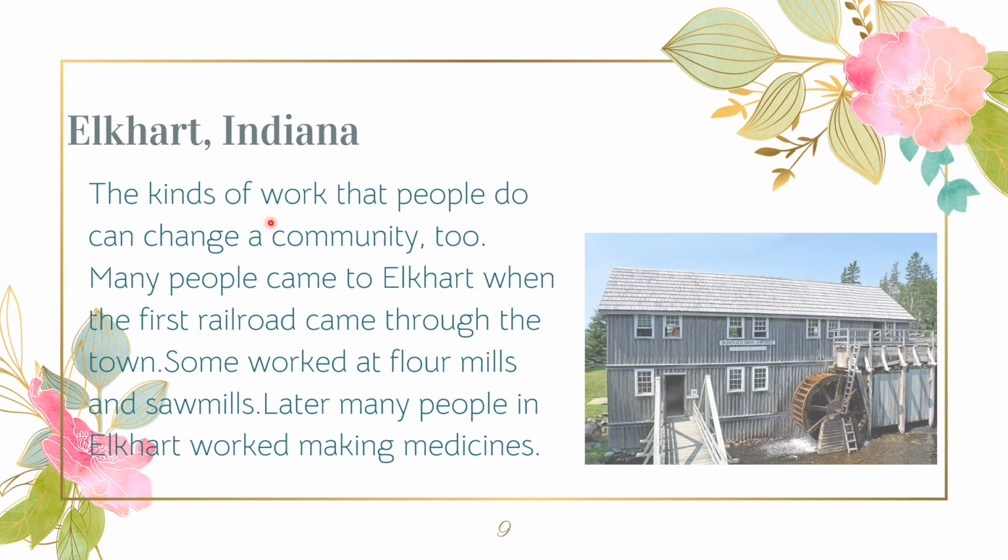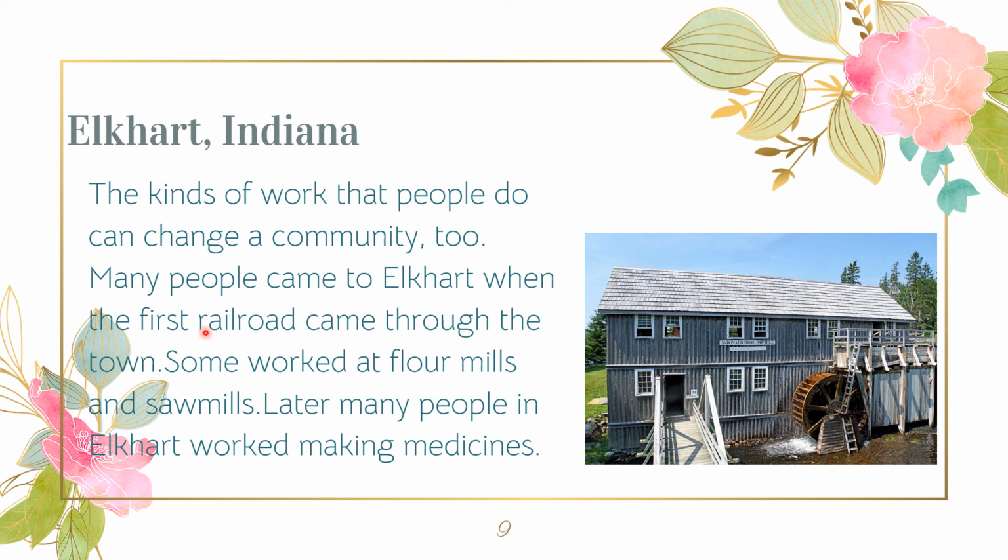The kinds of work that people do can change a community too. Many people came to Elkhart when the first railroad came through the town. Some worked at flour mills and sawmills. Later, many people in Elkhart worked making medicines. So because of the railroad, people started coming to Elkhart.